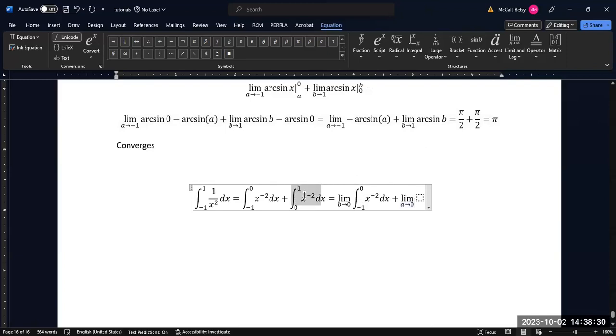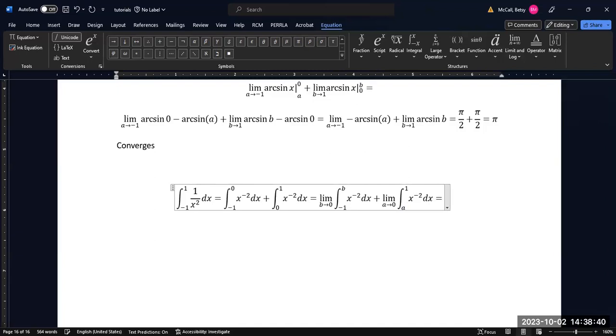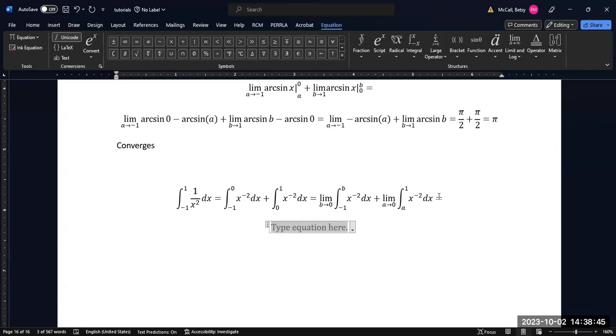Then this will be B, and this will be A. Now, again, doing the anti-differentiation here is not a big deal.